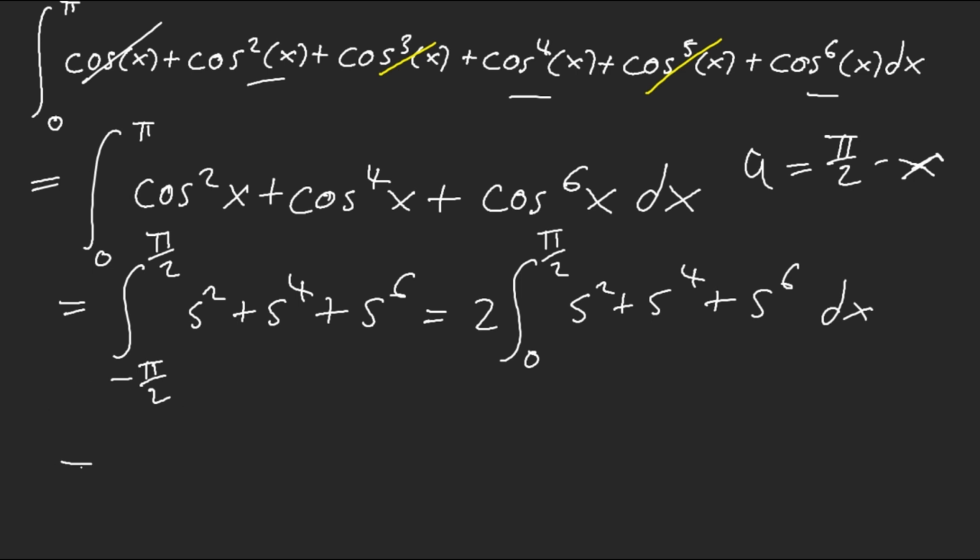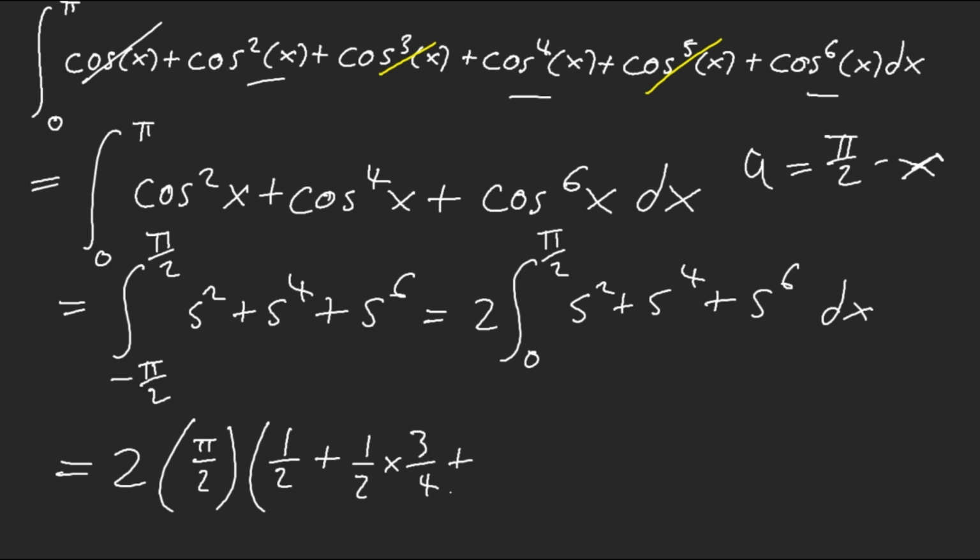So by Wallis's trick, we have, let's see, that's going to be like 1/2. I'm sorry. It's like pi over 2. They're all going to have pi over 2, I notice. And then we have 1/2 plus 1/2 times 3/4 plus 1/2 times 3/4 times 5/6.